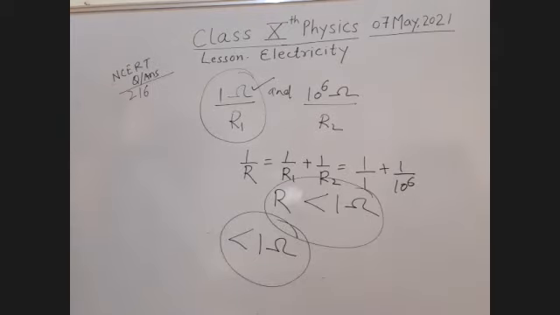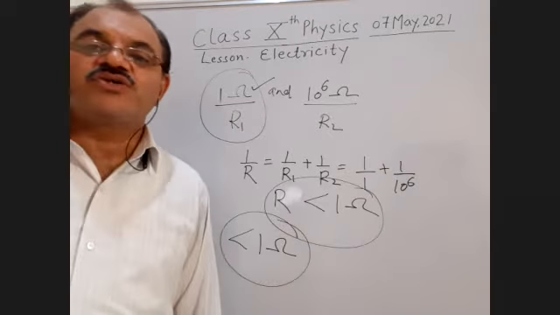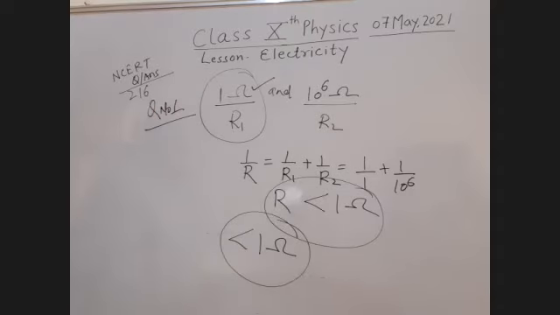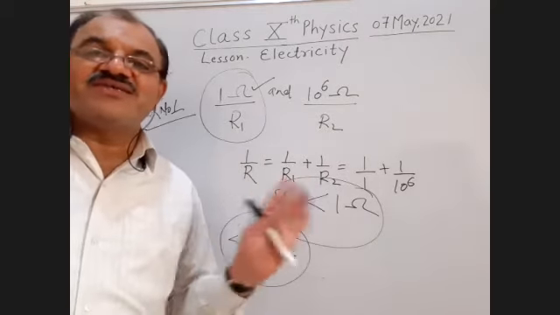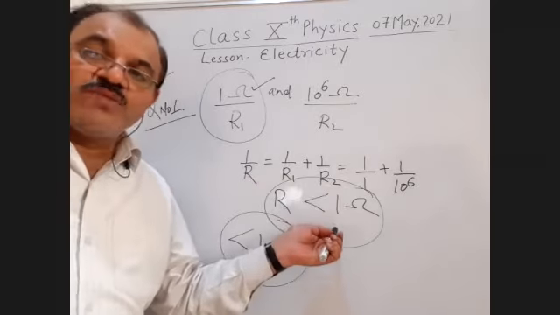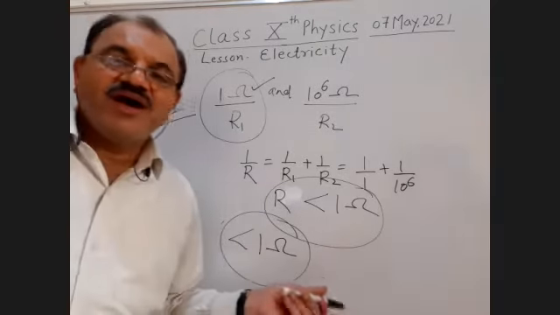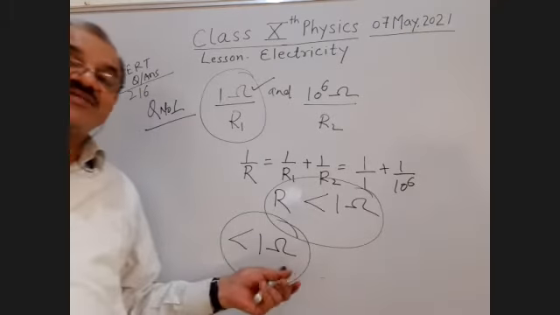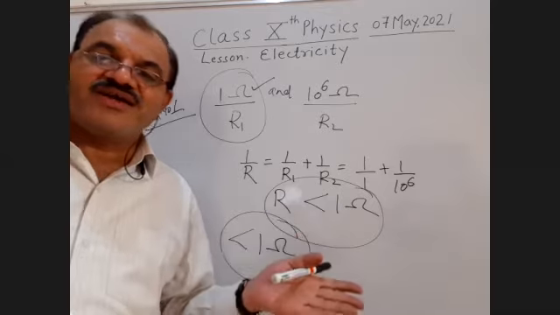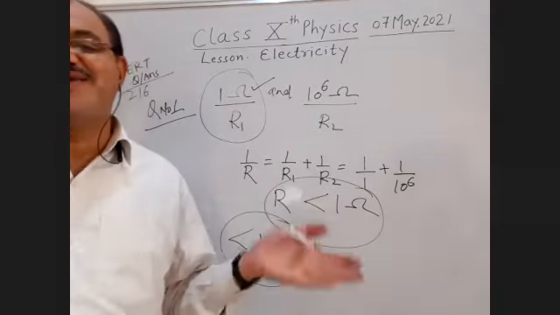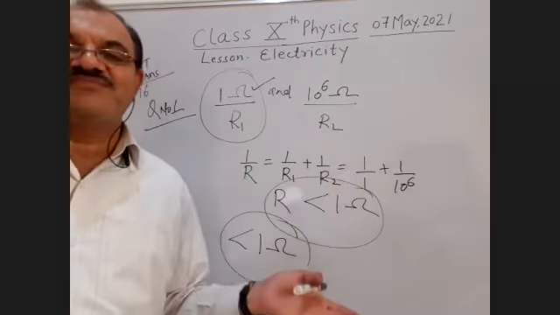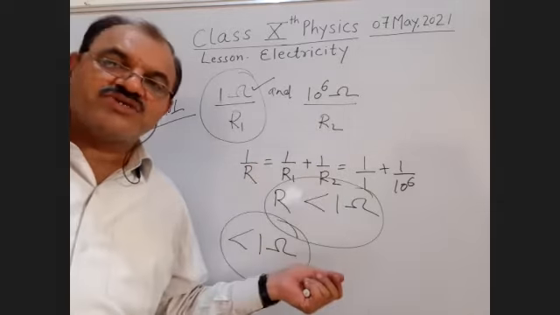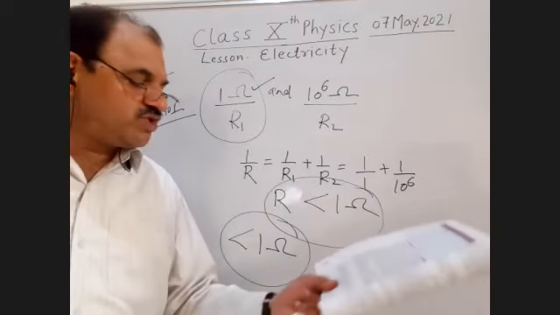So for question number 1, in the second part also, even with three resistances, the total value will be less than 1 ohm, because when they are connected in parallel, as per the law, the total value decreases, and when they are connected in series, the total resistance increases. Is it clear, students? That was question number 1 of your NCERT on page 216.